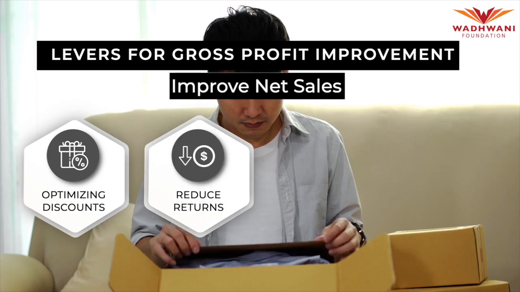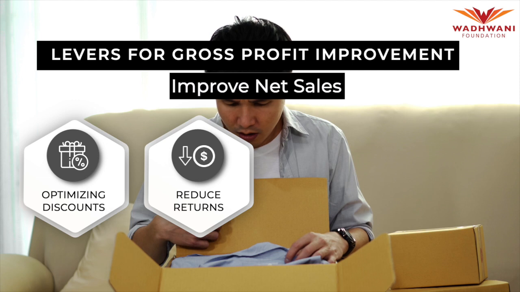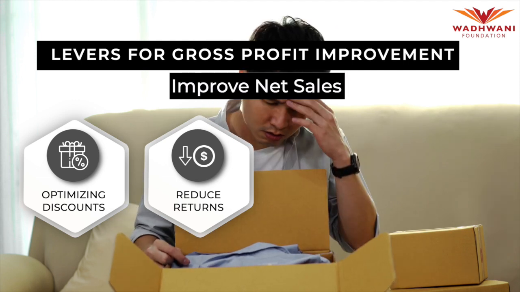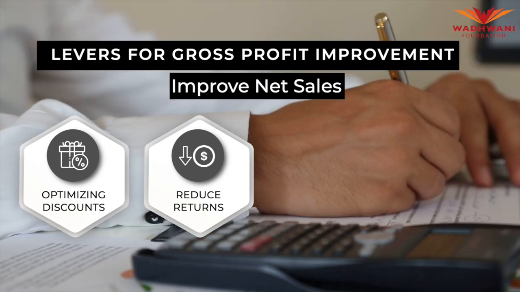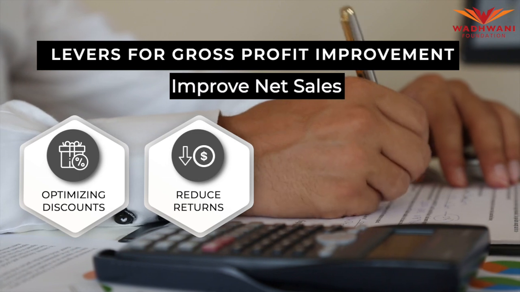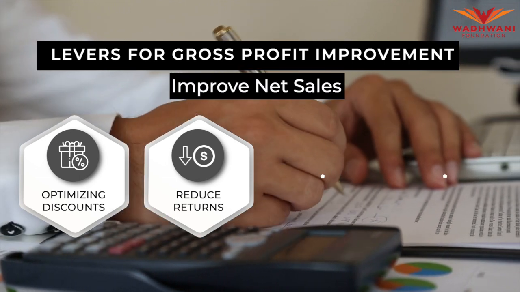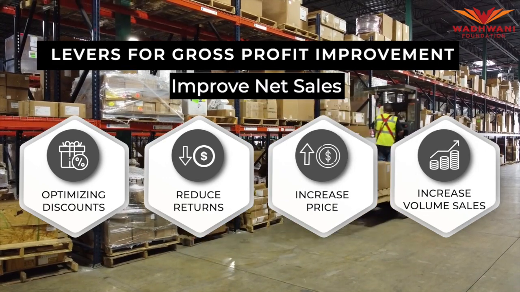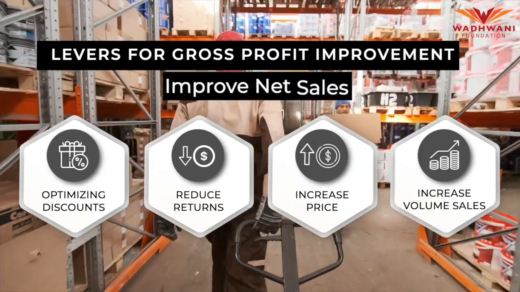Second, if there are any returns in your business because of faulty production or anything, you need to reduce your returns so that you can increase your net revenues. Third, and the most important and most obvious thing, is that without affecting your margins or your volumes, if you can increase your price, that will also directly help increase your gross profits.